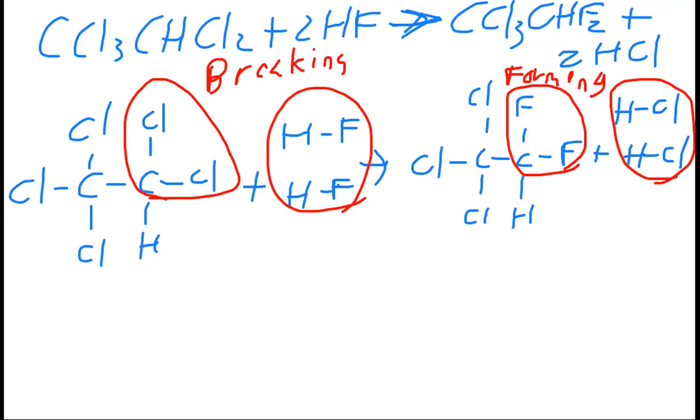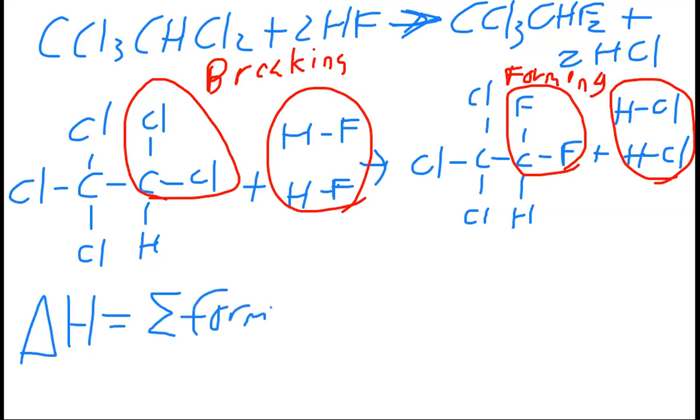So the delta H for the reaction, and this is something I'm going to erase probably in a second, equals the sum of the bonds breaking, because it takes energy to break bonds.